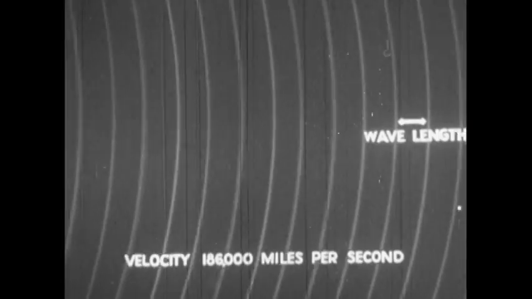Low-frequency transmission results in long wavelengths. The more rapidly the waves follow each other, the higher the frequency. The higher the frequency, the shorter the wavelength. Radio waves tend to travel in a straight line, much as does light.